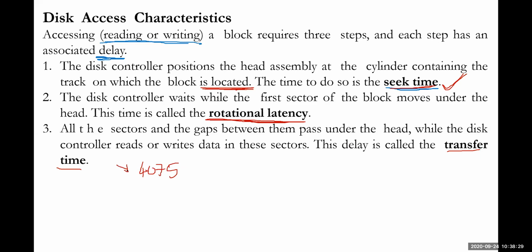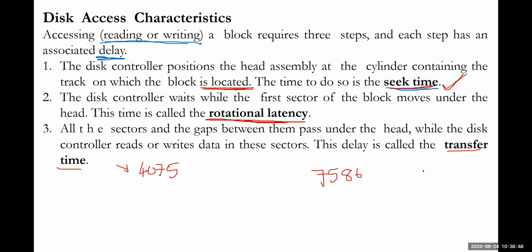You are at this particular place, and the data which is to be executed will be available at 7,000 586 at this location.